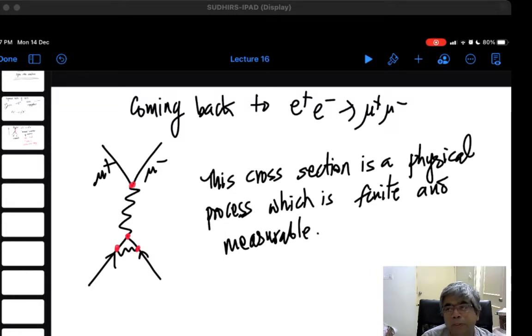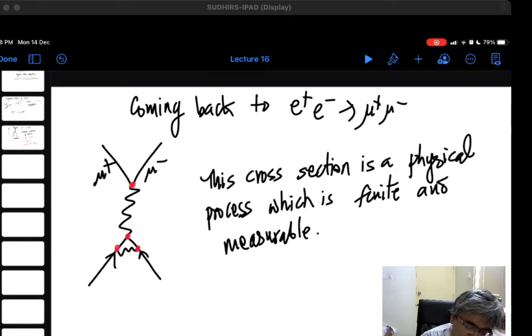When you try to compute this process in theory, it may not be finite in the sense that it could lead to some infinities and unphysical results. Why do these things appear?